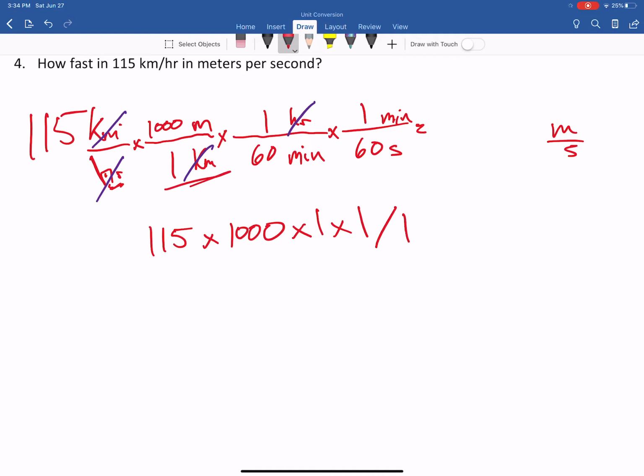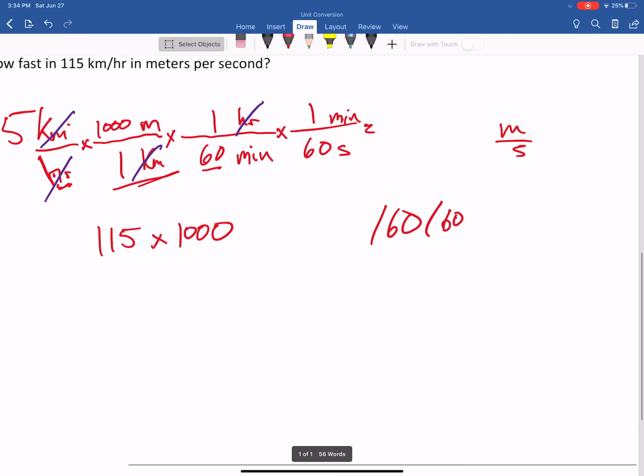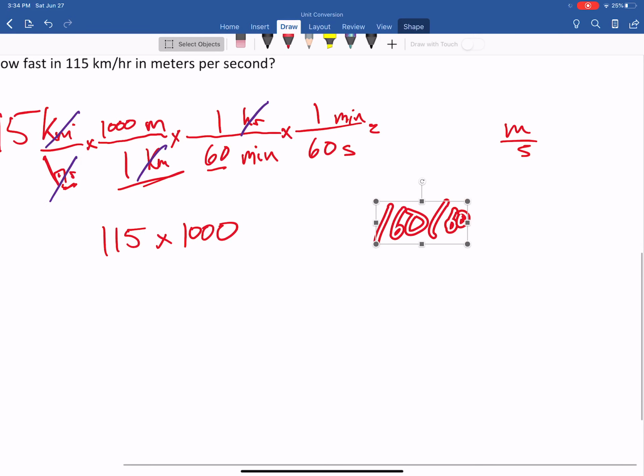I'm going to divide by 60 from here and divide by 60 for there. Okay, now let's get rid of the confusing part. So we don't care about the ones. The ones are pretty easy. So I'm really just talking about this stuff here.